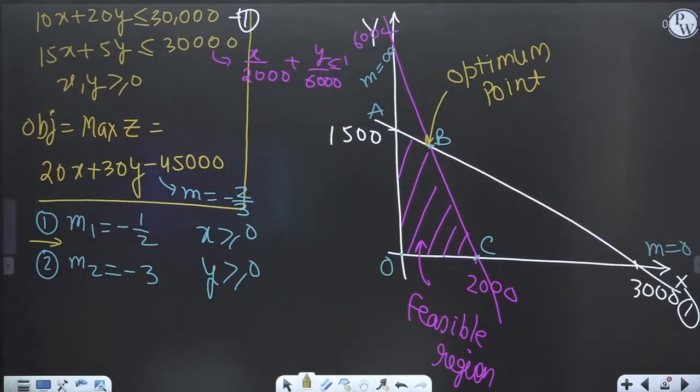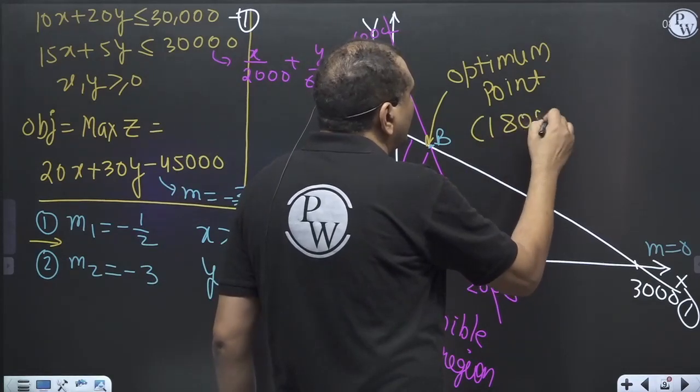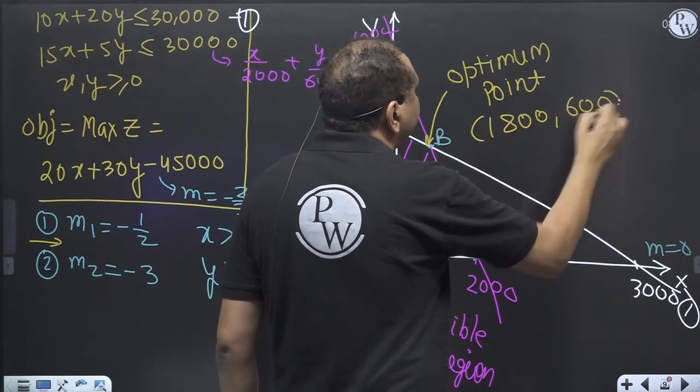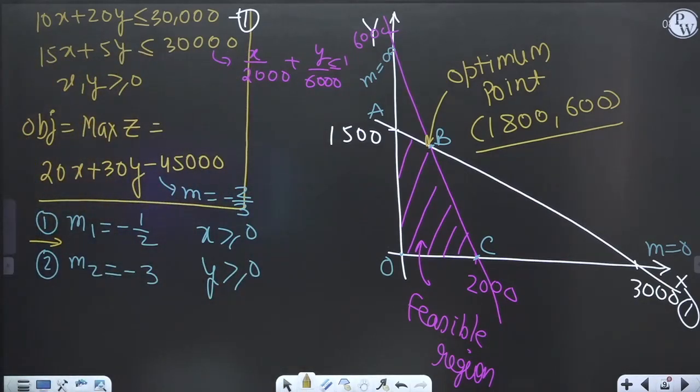Calculate the intersection point of these two. 1800 and 600. 1800 and 600 is the point B.